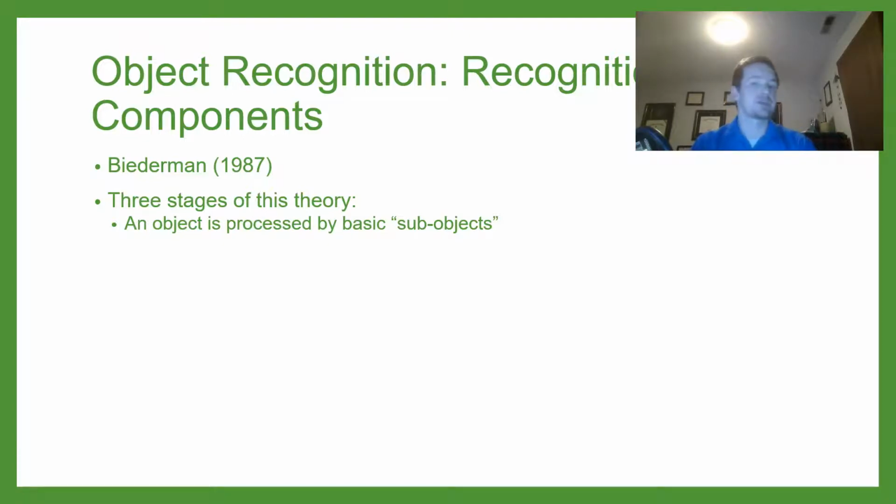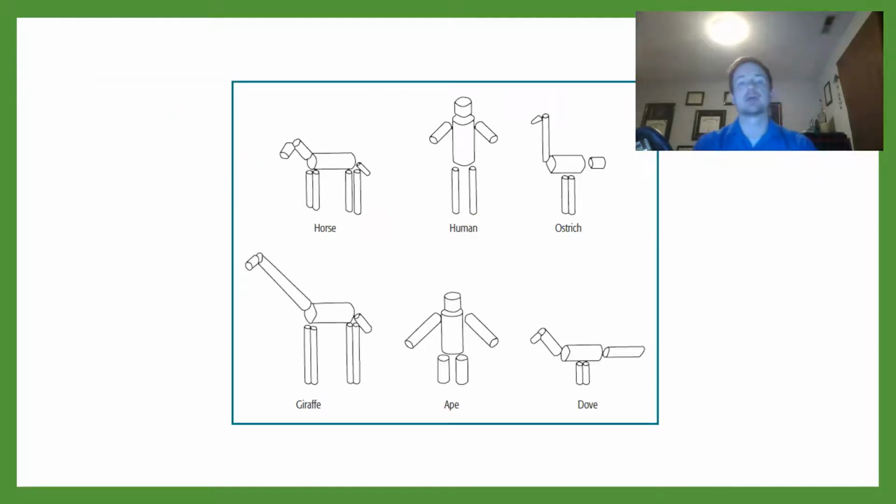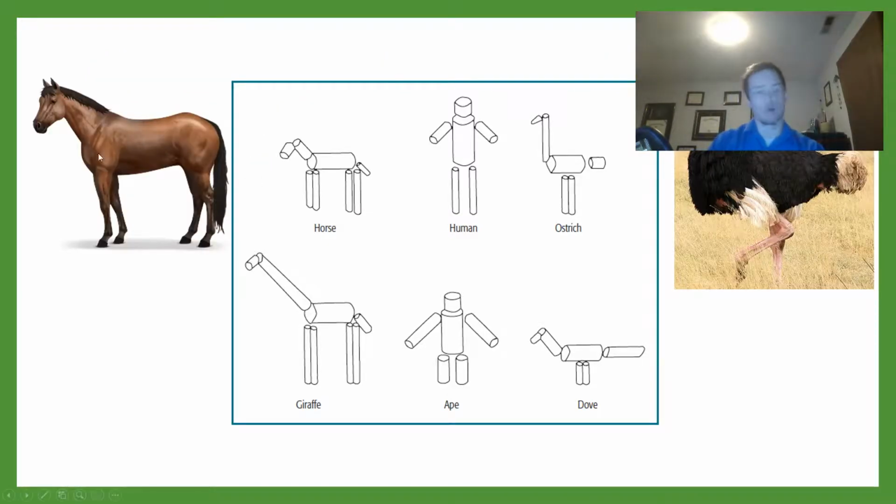So there are 3 stages to this theory that Biederman put forth. Basically, he's saying that when we are recognizing objects, we are going to be recognizing first the sub-objects of that larger object. So if we are thinking about, for example, a horse or an ostrich, we look at this horse, and what our mind is going to do, and again, this is very fast, it's within 150 milliseconds, remember, is recognize the individual components of this horse first.